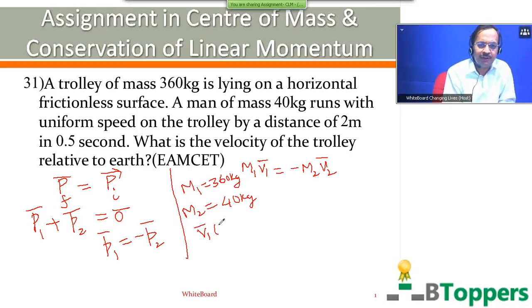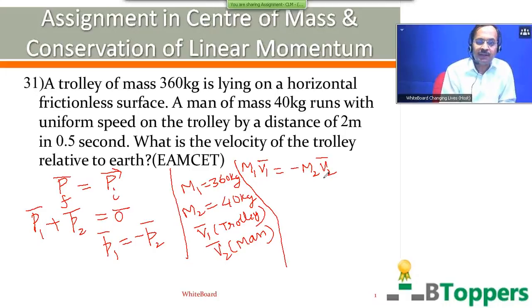V1 bar is the velocity of the trolley with respect to a stationary observer on the earth. V2 bar is the velocity with which the man walks on the trolley. You can observe that the negative sign implies that the velocity of the trolley relative to the earth is opposite to the velocity of the man relative to the earth. That means with respect to a stationary observer on the earth, the man and trolley move in opposite directions.